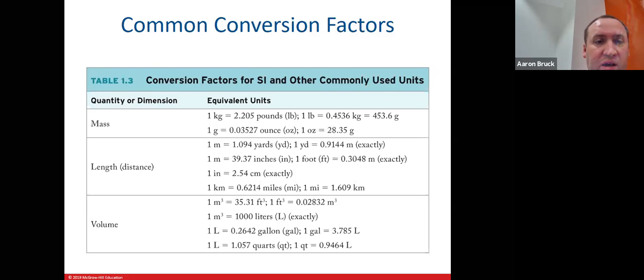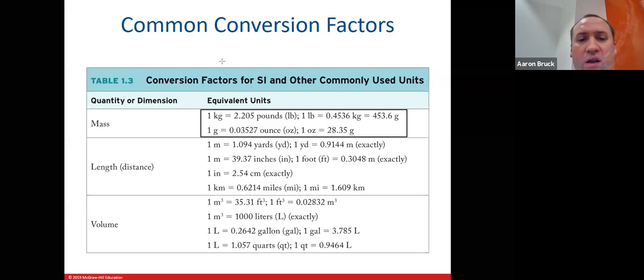We highlighted on Friday these conversions here in terms of conversions of mass. Understand that there are other common conversions as well, most notably distance conversions, where we can convert inches into centimeters, centimeters into meters, meters into kilometers, and so on.